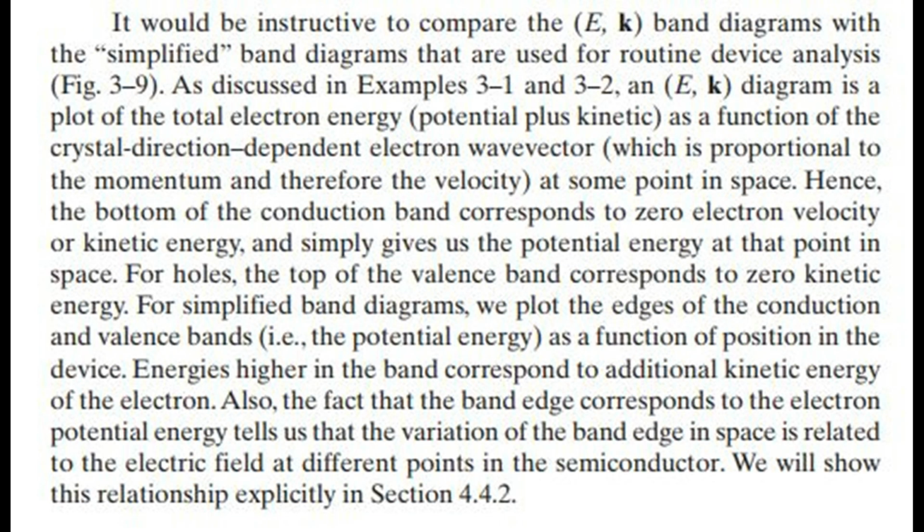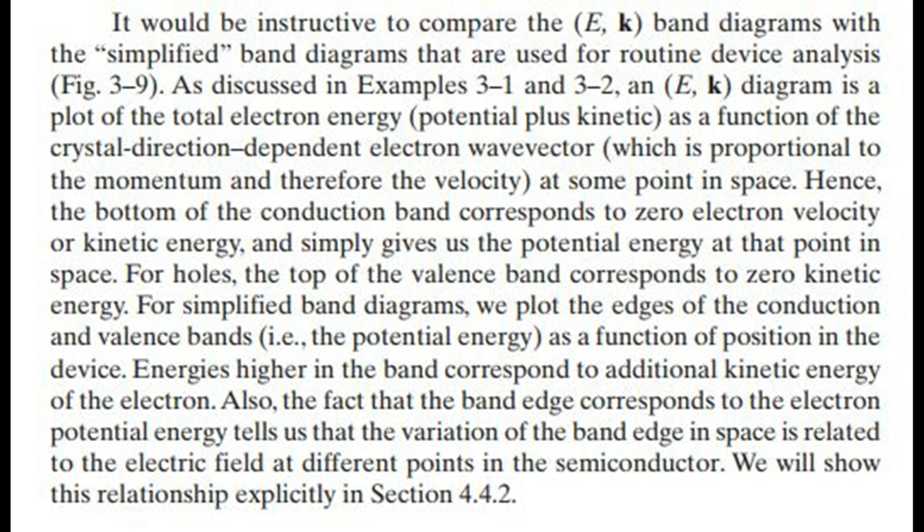Hence, the bottom of the conduction band corresponds to zero electron velocity, or kinetic energy, and simply gives us the potential energy at that point in space. For holes, the top of the valence band corresponds to zero kinetic energy.